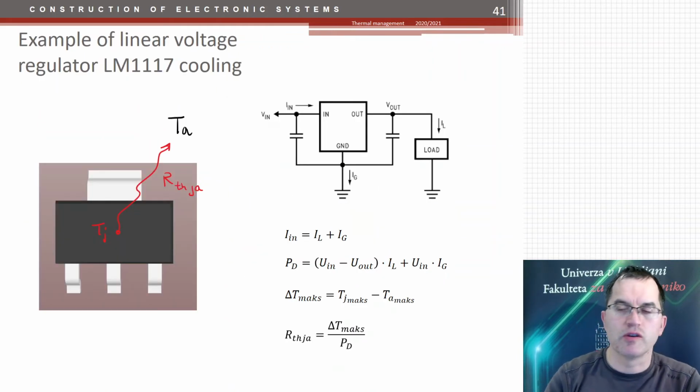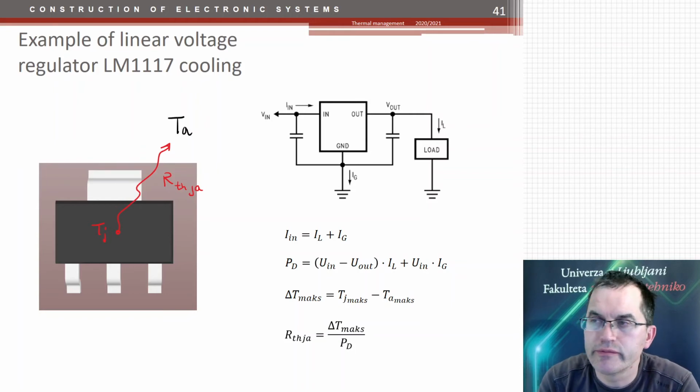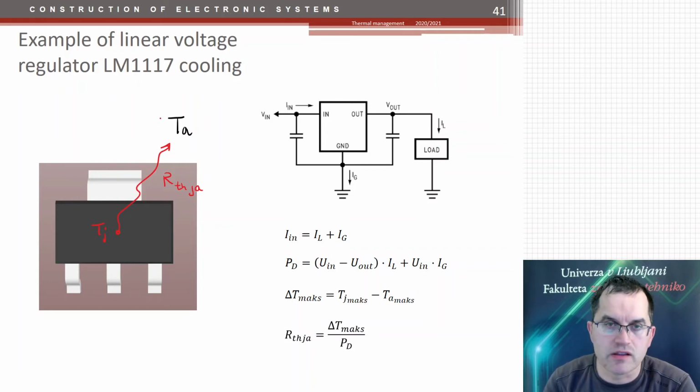So let me show you an example of how you can cool a single component. For example, a linear voltage regulator, this one here. It's taken from the datasheet from the producer, and the links are given at the end of this presentation. Now this is a 3-pin device which has an additional 4th pin, that one, which is mainly intended for cooling.